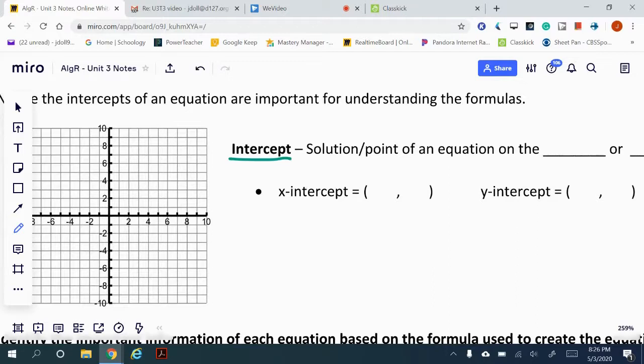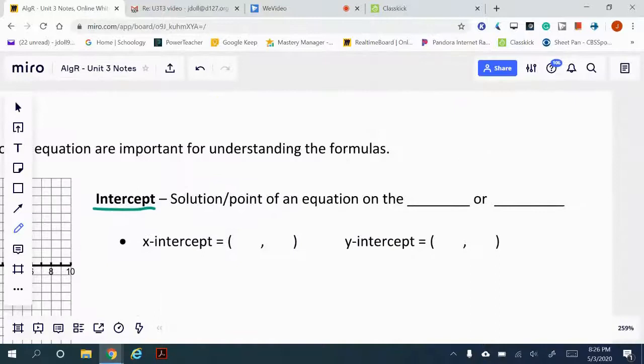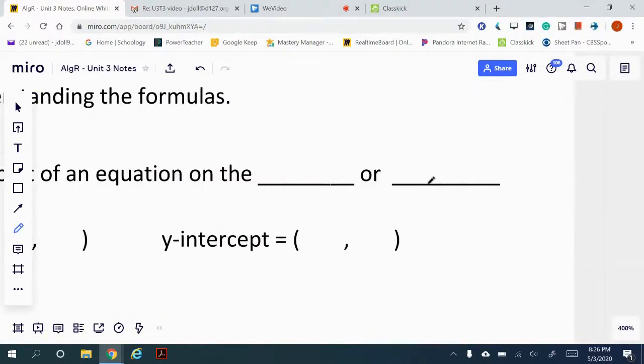Now, an intercept is a specific type of point or ordered pair, a solution point or ordered pair of an equation, but it's specifically located on either the x-axis or the y-axis of the equation.